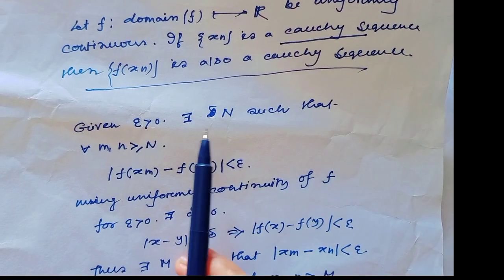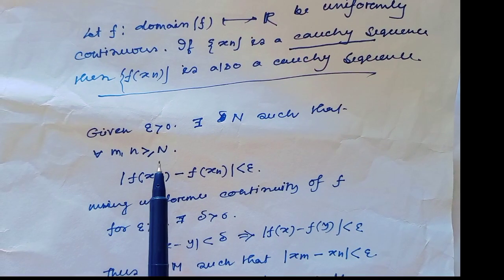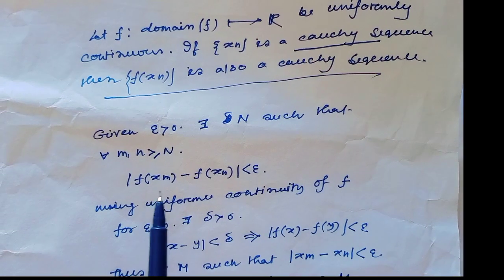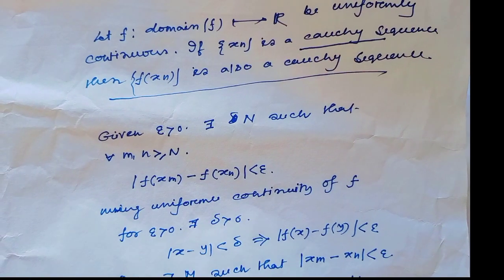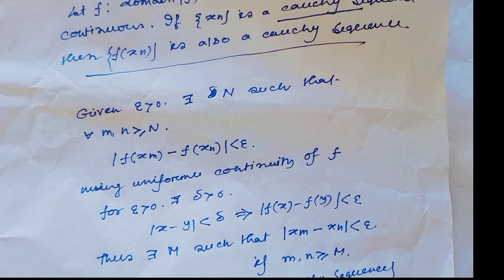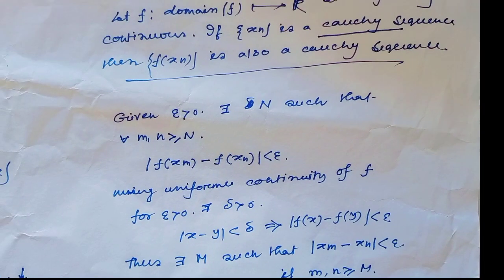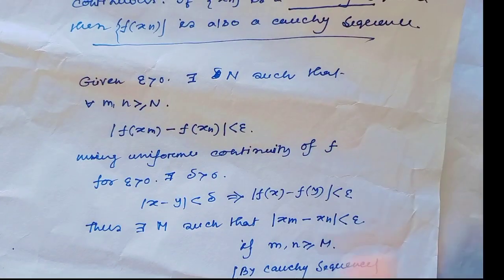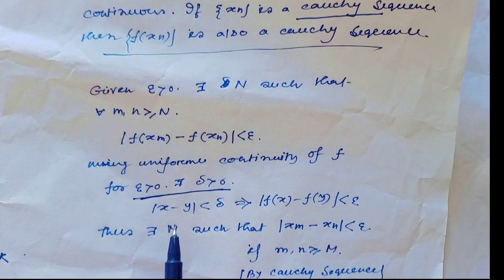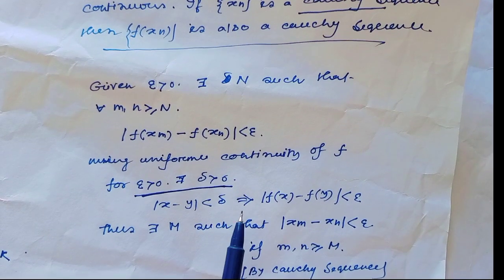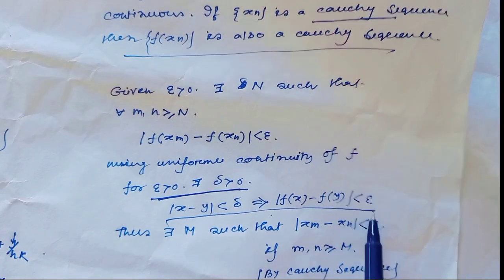Therefore, given epsilon greater than 0, there exists capital N such that for all m, n greater than or equal to capital N, the absolute value of f of xm minus f of xn is less than epsilon. We have to prove this, and given that the function f is uniformly continuous, for epsilon greater than 0 there exists delta greater than 0 such that the absolute value of x minus y less than delta implies the absolute value of f of x minus f of y is less than epsilon.